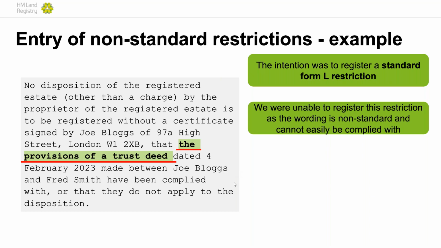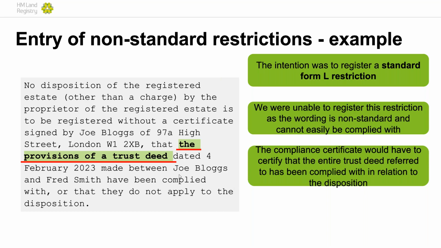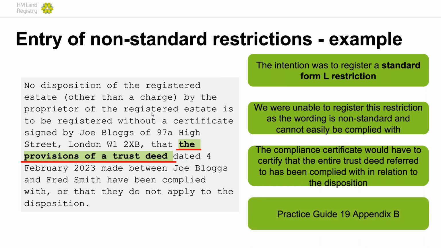As you can see from the highlighted text, the certificate of compliance would have to certify that the disposition being registered complies with the provisions of the entire trust deed being referred to in the restriction, which would be difficult to ascertain. As set out in Practice Guide 19, using the correct standard wording refers to the specific clauses of the deed's provisions. The party giving compliance is able to determine whether this has been done, and so will have no issue giving the compliance certificate.